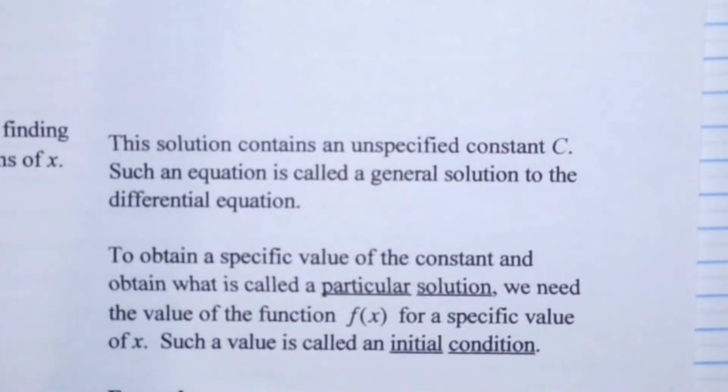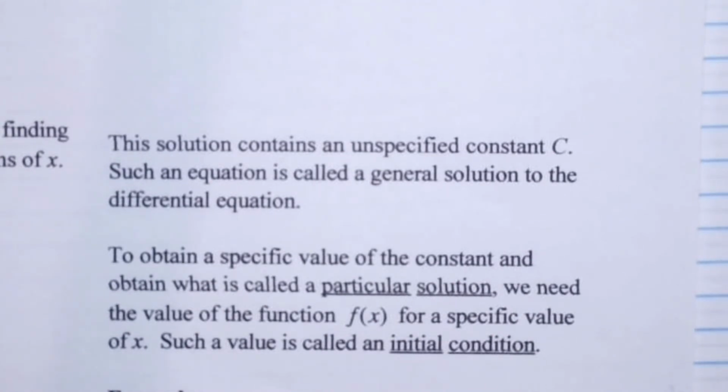So this solution that we just found contains an unspecified constant c. That kind of solution is called a general solution to the differential equation if it's got that plus c in it. We don't have enough information to solve for c, and so what we've really got at this point is just a whole family of functions which are solutions to that differential equation.